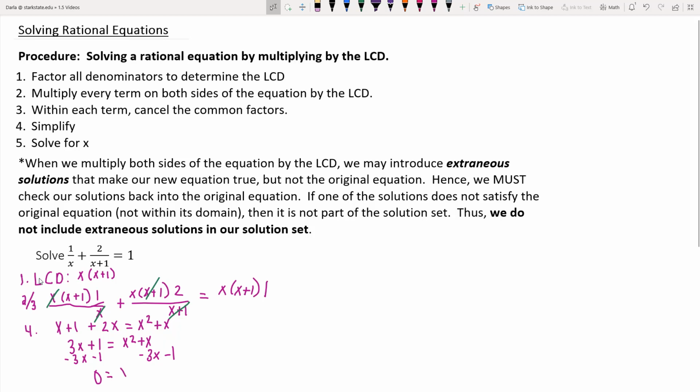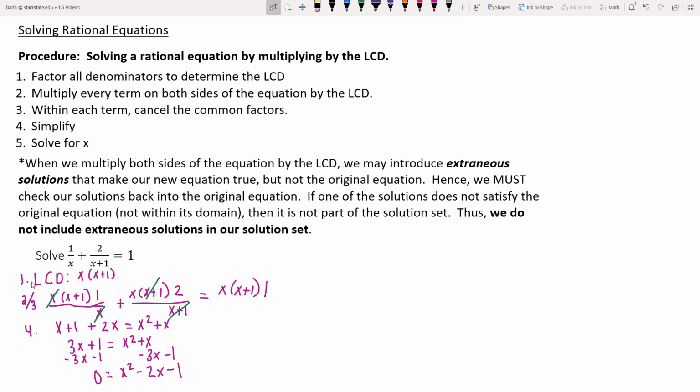And then on the right hand side we have a quadratic, so x squared minus 2x minus 1. And then what I would normally do if I have a quadratic is I try to factor it, but in this case we're not going to be able to factor that quadratic down.